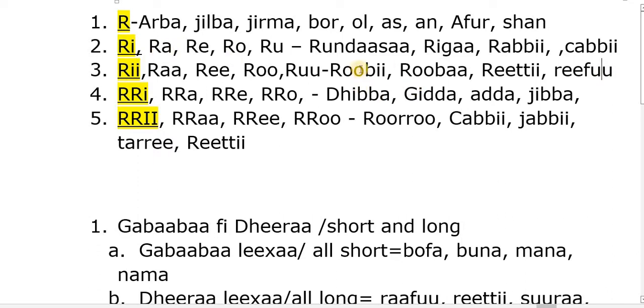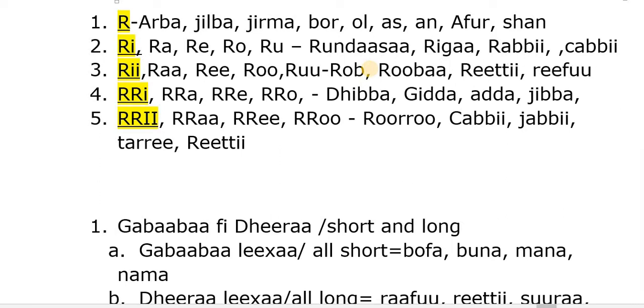For example, if I change this word roba to something like Robi, it is not an Oromo word. Or if I make it silent, Rob, it's not an Oromo word at all. It's not correct. Robi is the right Oromo word.